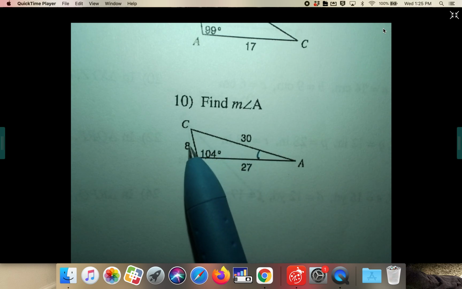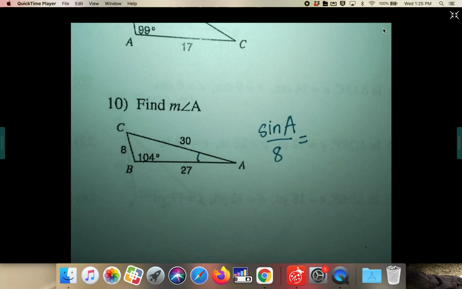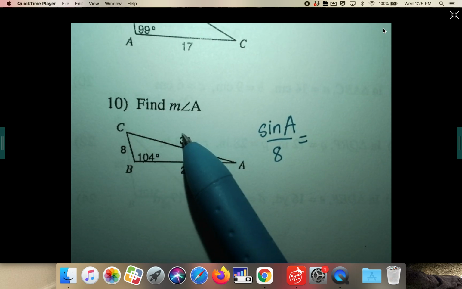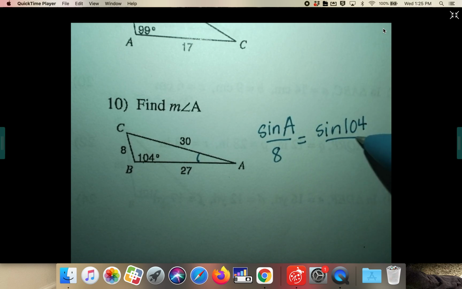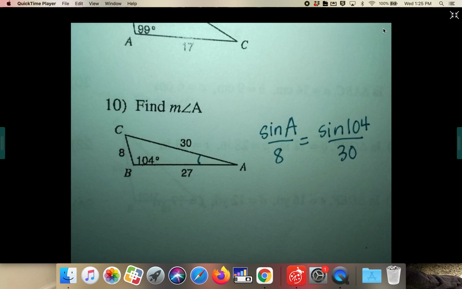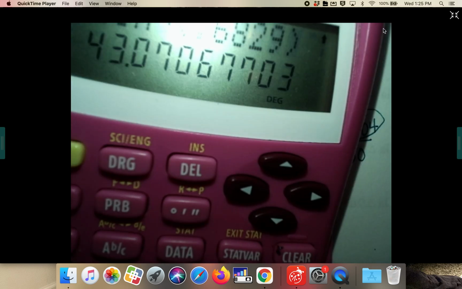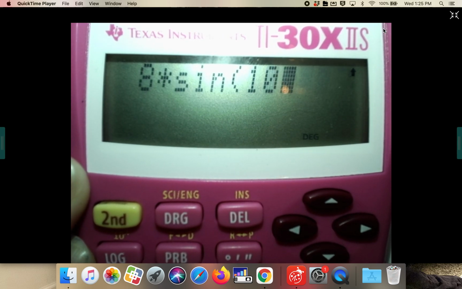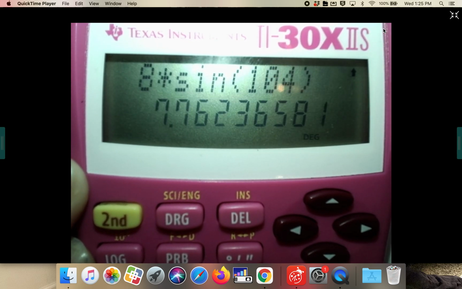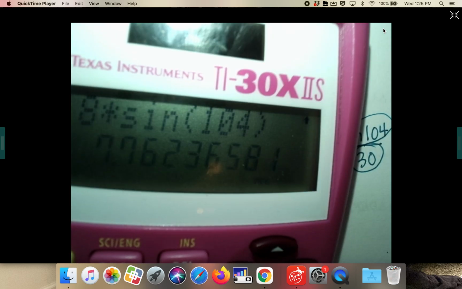So sine A over 8, we don't know, so we'll do sine A over 8. And what we do know is 104 and 30. So sine 104 over 30. All right, so the bat and the ball would be 8 times sine 104 equals a number that then I'm going to divide by 30.